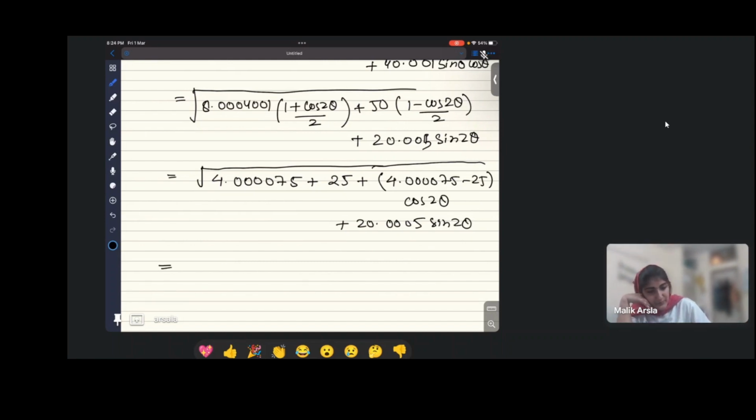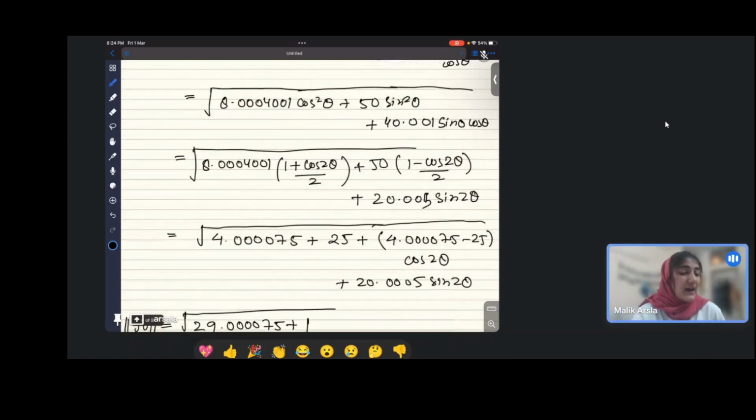Now this is the magnitude of J. So finally it is coming out to be 29.000075 plus this thing. Now look here.